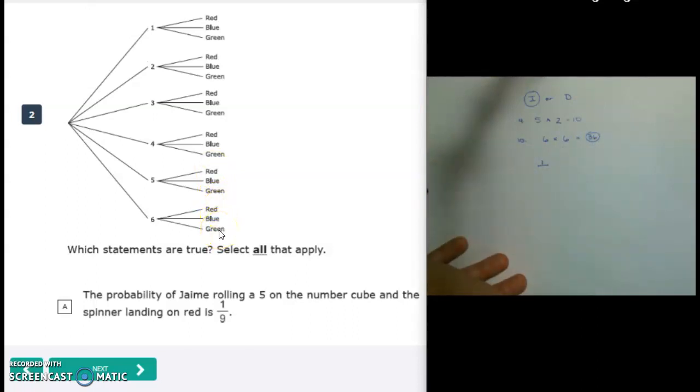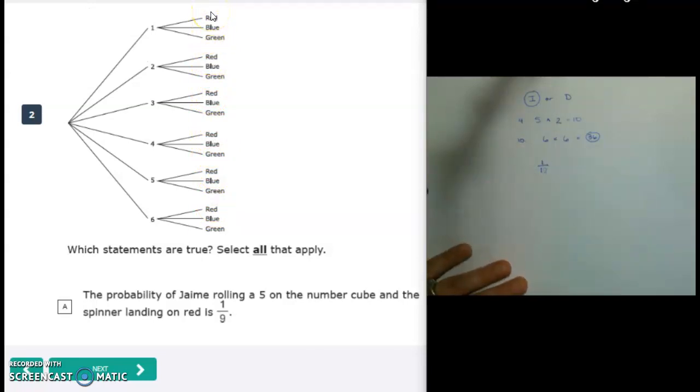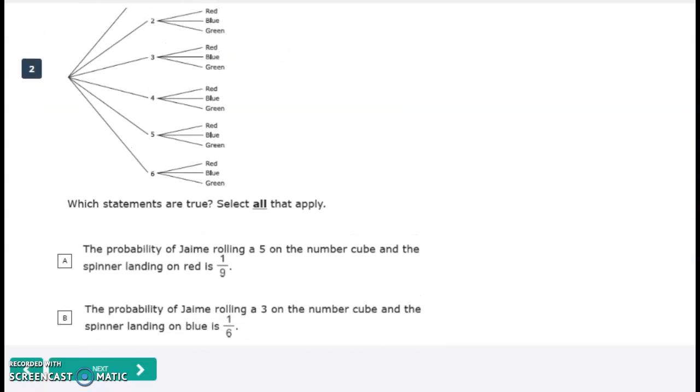I can count from my tree diagram that there are 3, 6, 9, 12, 15, 18 different outcomes. So that answer actually would have been 1 out of 18, not 1 out of 9. Moving on to choice B, the probability of rolling a 3 and the spinner landing on blue. Well, that only occurs in one location also. So that also would have been 1 out of 18. So that answer is not correct.